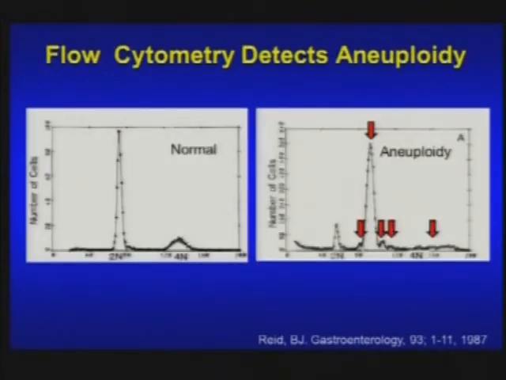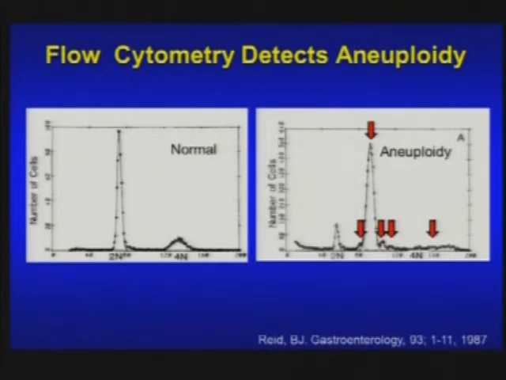So on the left, again, is this normal flow cytometry tracing. And on the right is a flow cytometry tracing from a patient with Barrett's esophagus and high-grade dysplasia. They took the biopsy and ran the cells in the flow cytometer, with the number of cells on the y-axis and the amount of DNA on the x-axis. You can see here that the 2N and 4N peaks are quite small compared to the normal tissue.